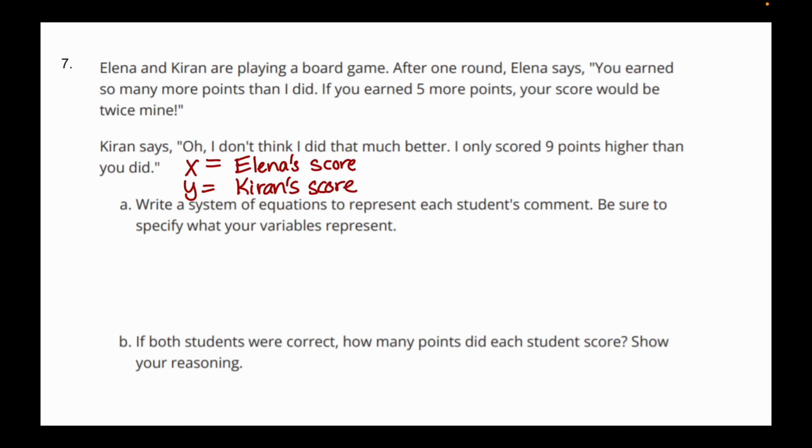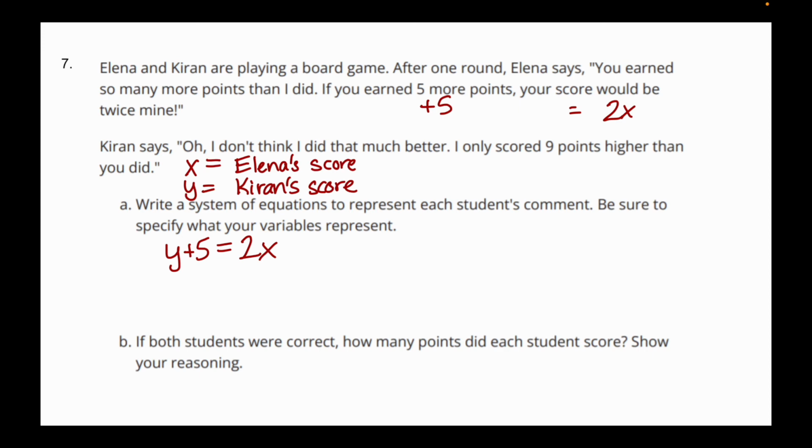So Elena says, if you earned 5 more points, your score would be twice mine. So that means plus 5, and it's going to be equal to, twice would be 2 times her score. So I would say Kieran's score plus 5 is equal to 2 times Elena's score.